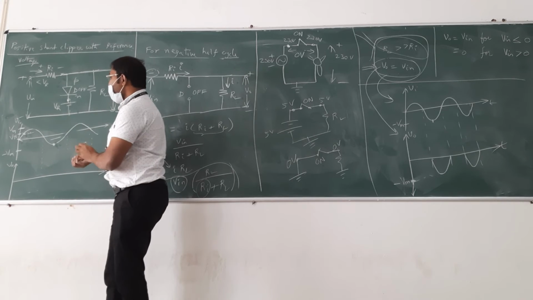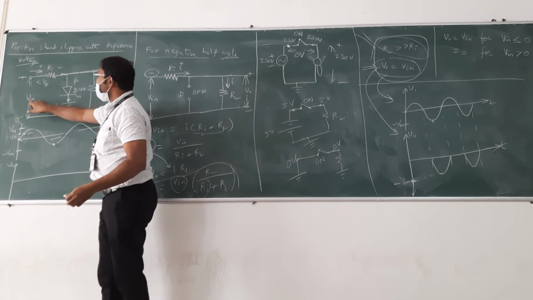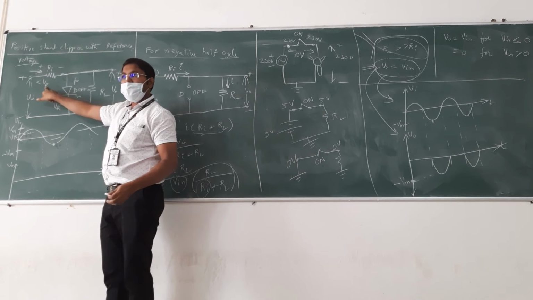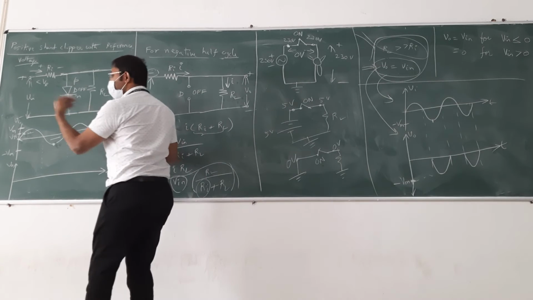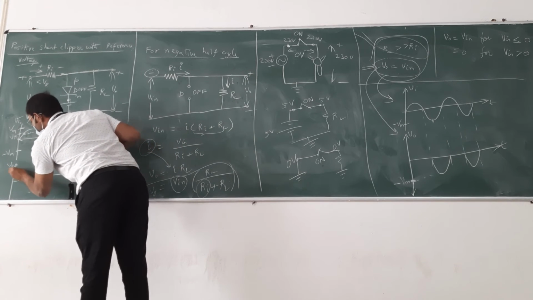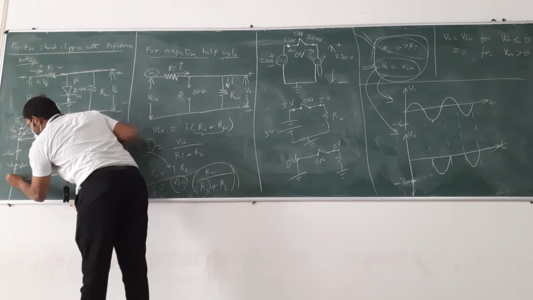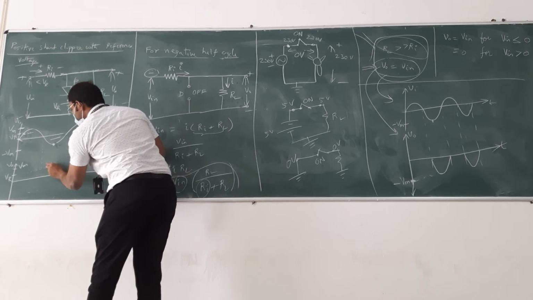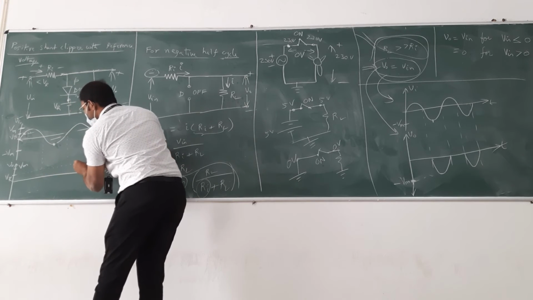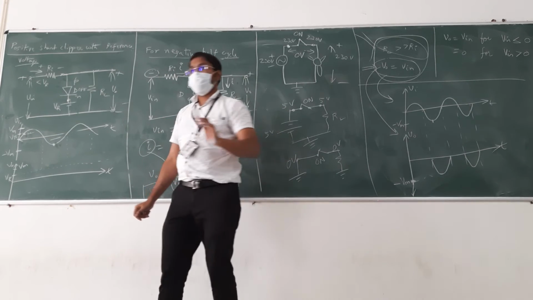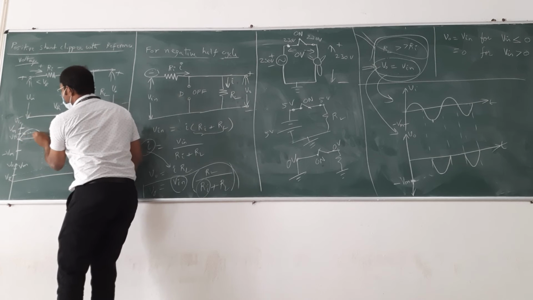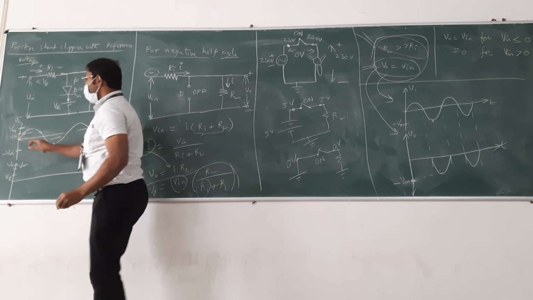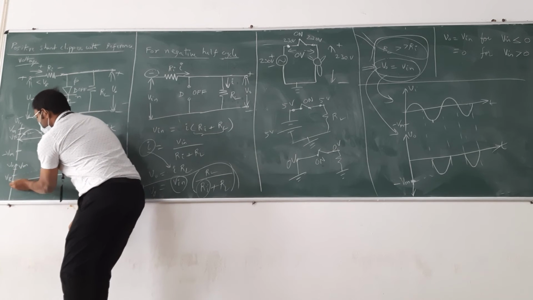Simple condition. As long as the input voltage is less than VR, output voltage is equal to input voltage. So let me draw Vin here, let me draw VR here. So now the condition is VR, isn't it? So along VR I will draw one dotted line. Now, as long as the waveform is less than VR, means here to here, Vout is equal to Vin.